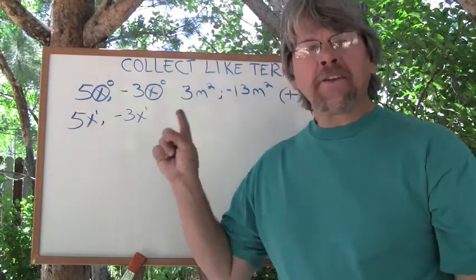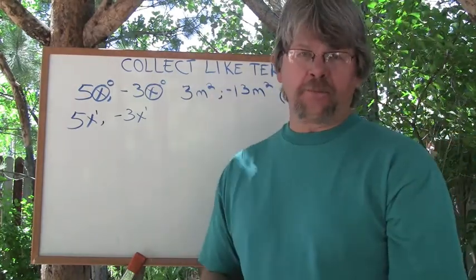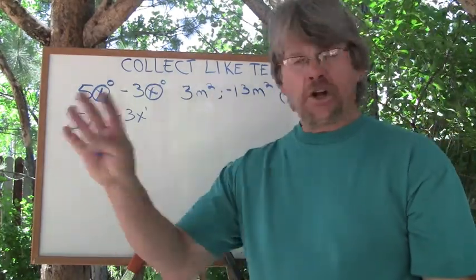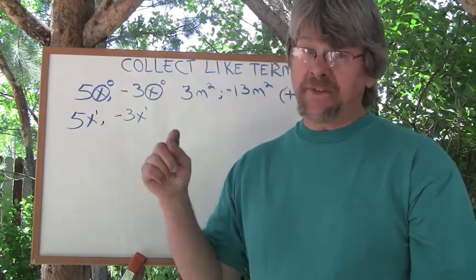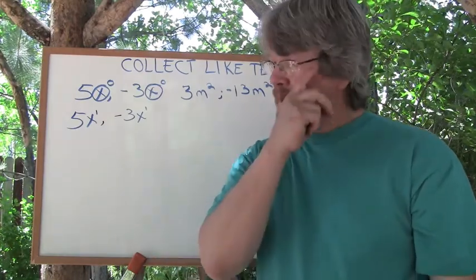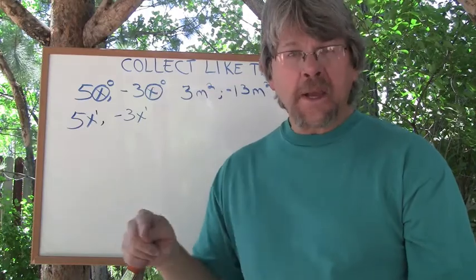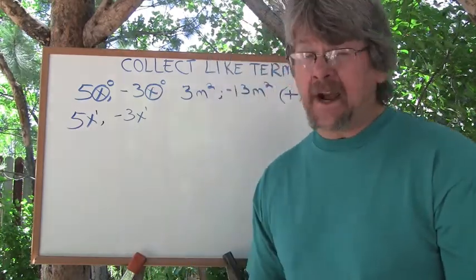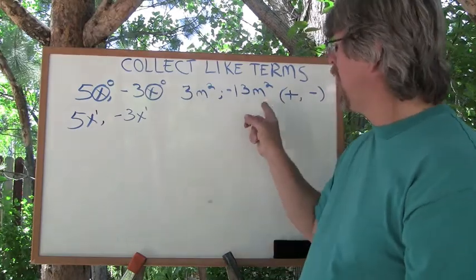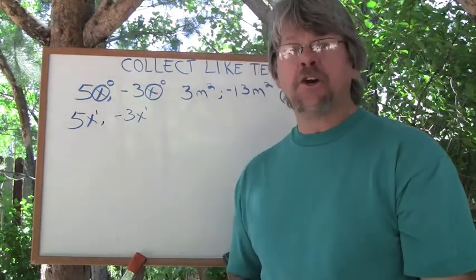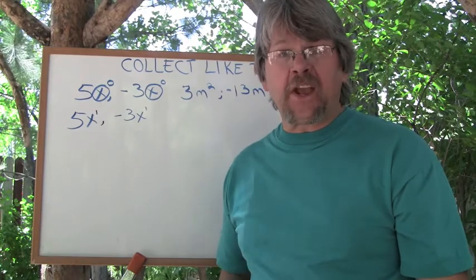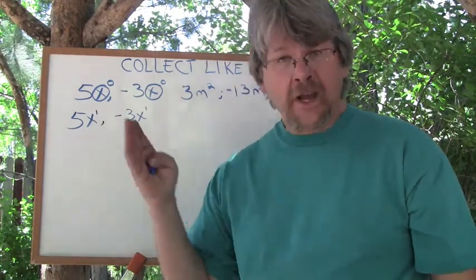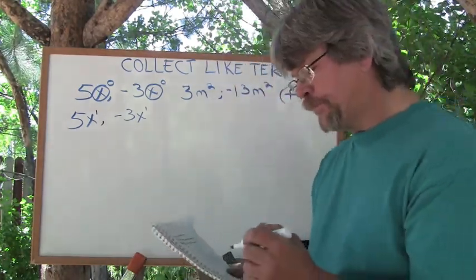And this only is with addition and subtraction. Multiplication and division, you don't need like terms at all. But with addition and subtraction, they absolutely must be exactly alike. I can't overemphasize this because this is a common area where so many of us have made mistakes through the years in algebra, and we can correct that.